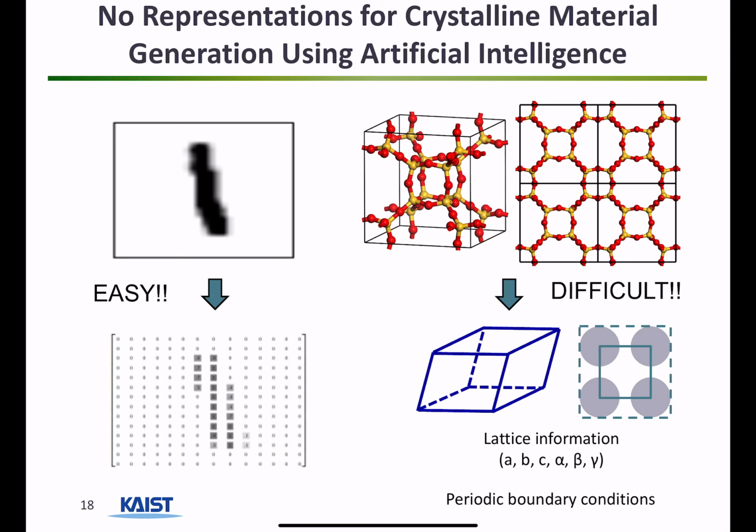There are some difficulties though, because with big data of materials, you need to decide how you want to represent them. Something like numbers is very intuitive. If you have a handwritten 1, you can create a matrix and say wherever you see this 1, you're going to fill in black, and everywhere else you'll fill in 0.